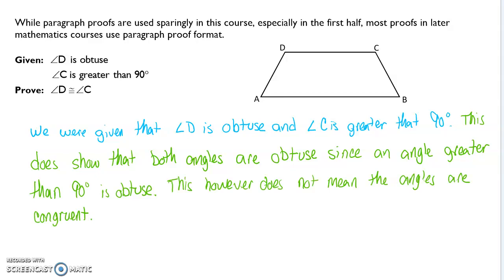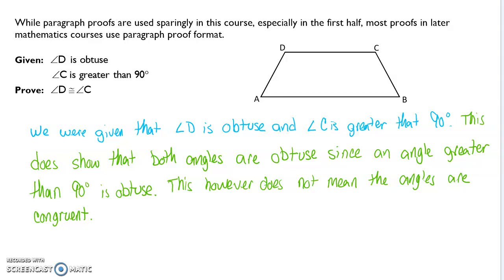There's not enough information in this proof or in our given information or in our diagram to draw any more conclusions. There's no logical step we can take next to get to these being congruent angles. That can happen. It won't happen a lot, but it can happen in our class.